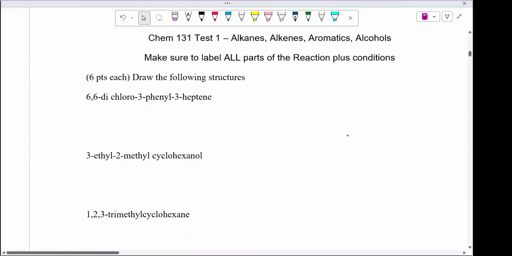Okay, draw the following structures. We've got heptene, that's 7, and it's an alkene. The double bond is at carbon number 3.